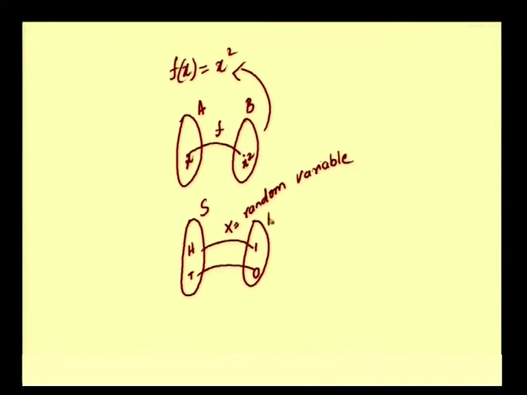So, this 1 and 0 is the range space of X. So, actually the random variable X is a function from the domain S to Rx. Rx is the range space of X.